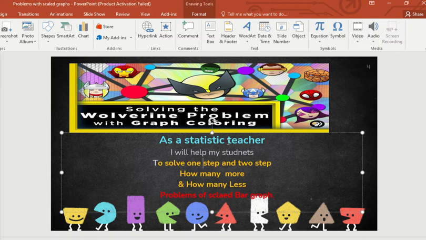So that's the data. You are going to work as statistics teachers and think like you have students, and how you can tell them how they can solve one-step and two-step problems, like how many are more in your data and how many are less in your data. And there are some problems we are going to discuss in the scaled bar graph.